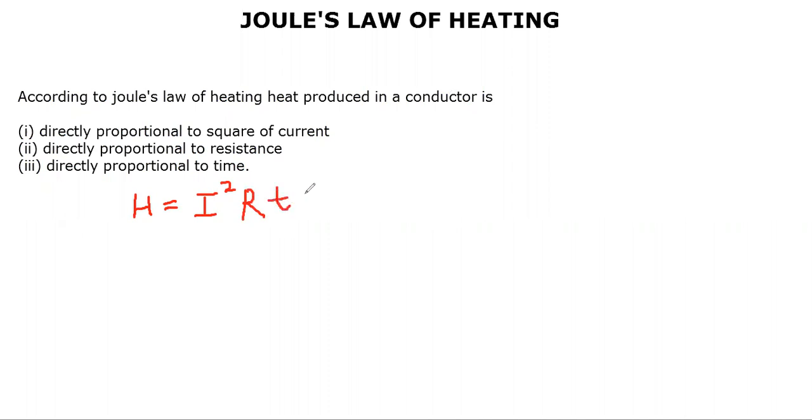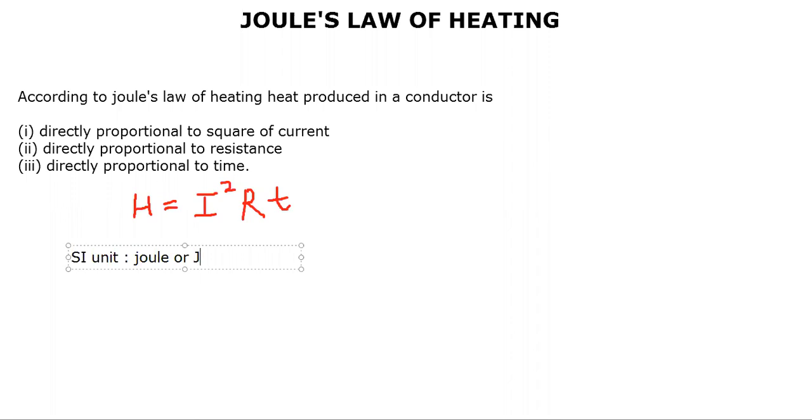So this is the formula given by Joule's law of heating, that H, heat produced, is equal to I square R t. The SI unit of heat is Joule only. So you can write SI unit is Joule, or you can simply write capital J also.